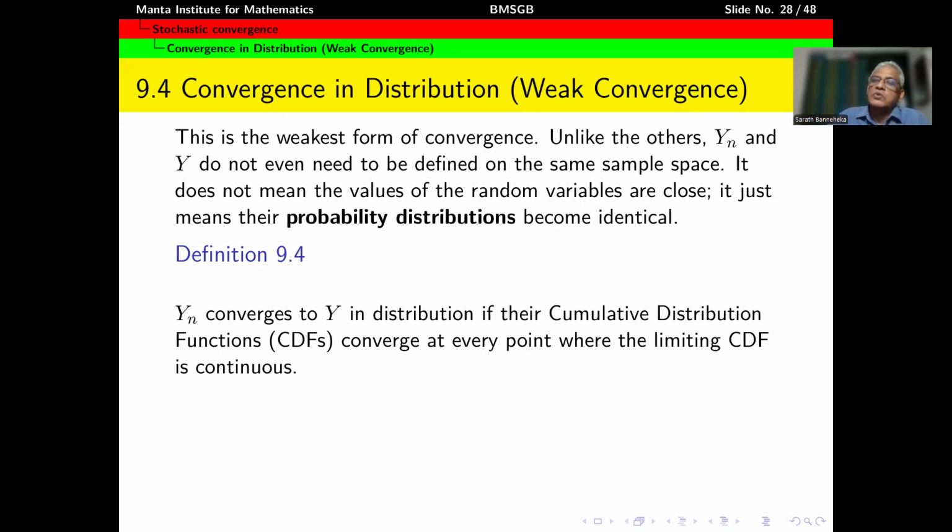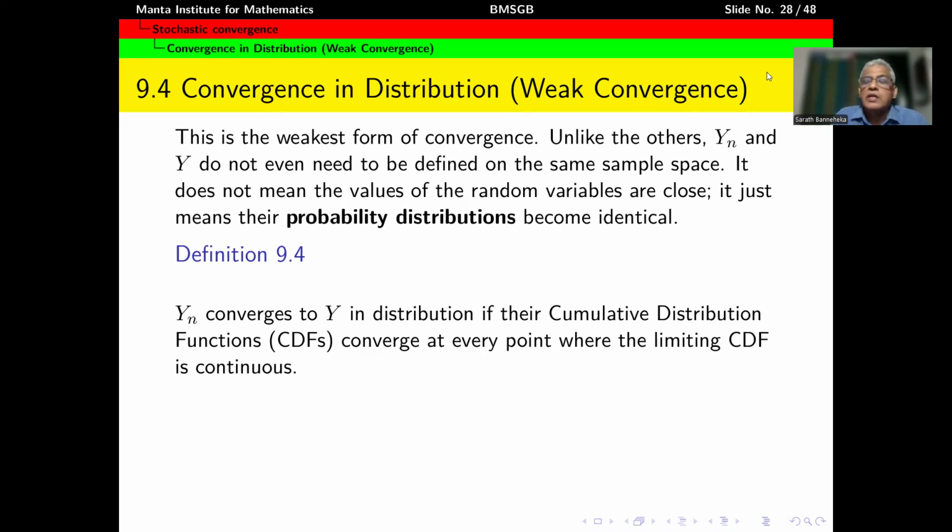If the cumulative distributions of y1, y2, y3, and so on are converging to the cumulative distribution function of y at each continuity point, right? Especially in a discrete CDF, there are some discontinuity points, but we are looking at the convergence at the points where the CDF is continuous, right?